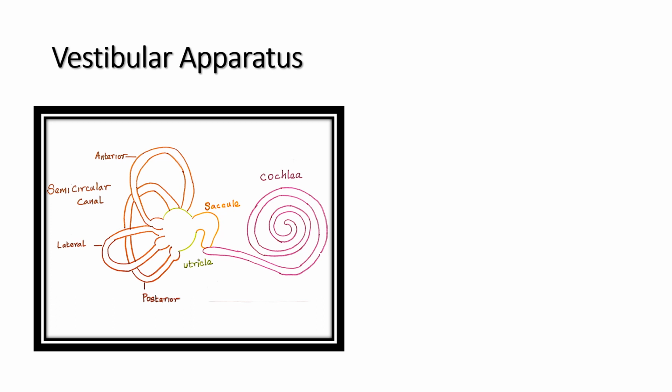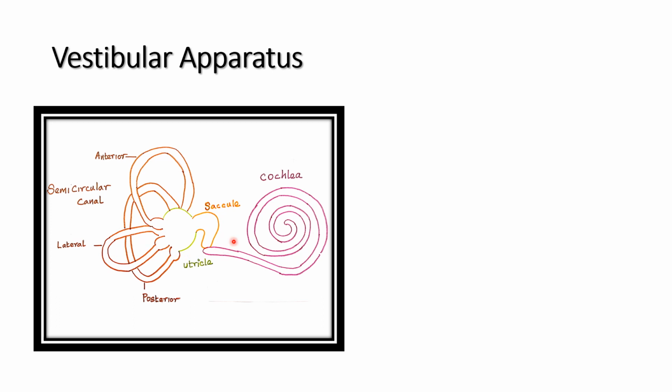This image shows the membranous labyrinth. This whole part is called the membranous labyrinth. In this image, the vestibular apparatus consists of the utricle, saccule, and the anterior, posterior, and lateral semicircular canals.